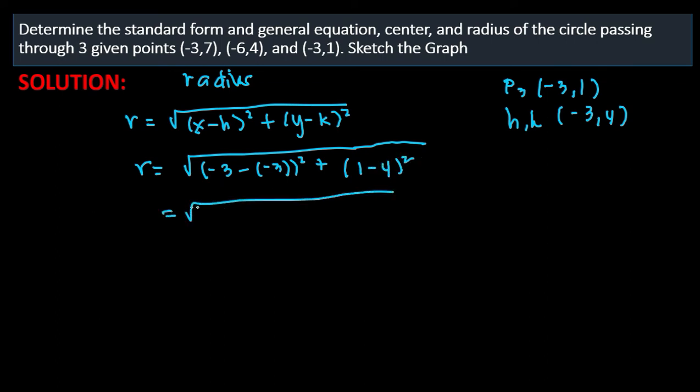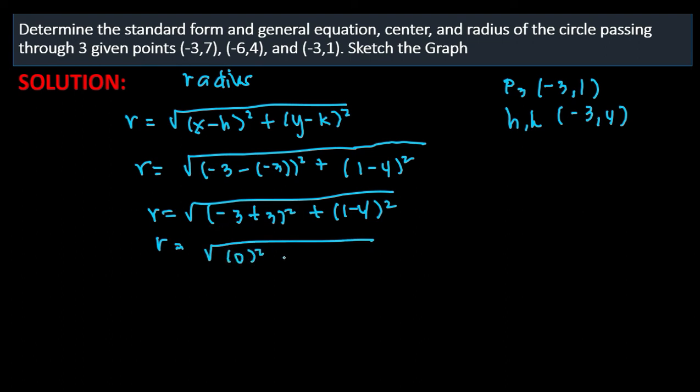So, let us simplify. So, r is equal to square root of negative 3, so, negative multiplied by negative, positive 3 square plus 1 minus 4 square. So, we have r is equal to negative 3 plus 3 is 0.